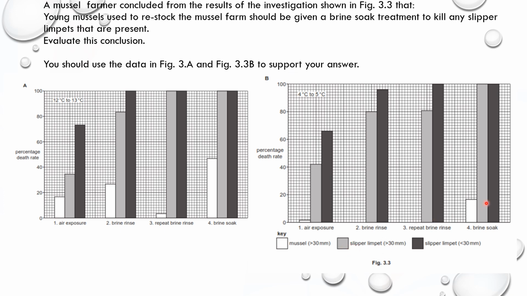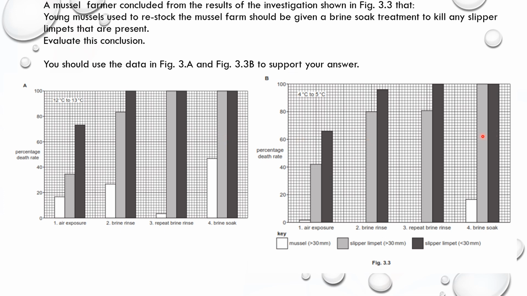So it killed them at this temperature, all of them. And here it's also killed them. So brine soak treatment eliminates 100% of the slipper limpets, in both conditions, 4 degrees Celsius to 5 and then 12 degrees to 13. That's what it showed here.